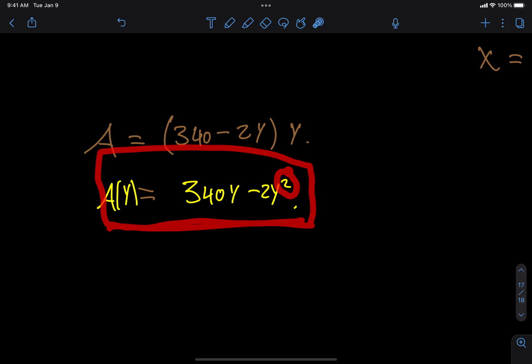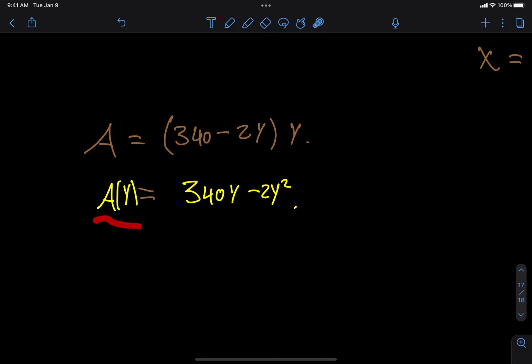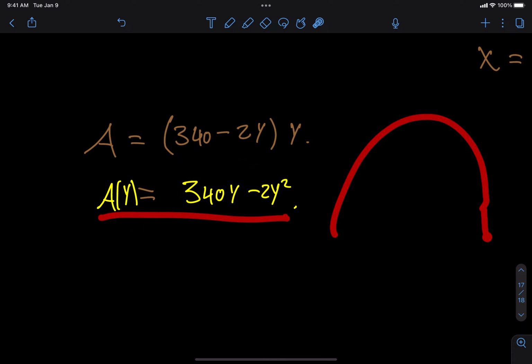What kind of word does that remind us of? Starts with a Q. Quadratic. Okay, but why is that interesting? Because I'm supposed to find the maximum value of this. This is a quadratic, which the graph of a quadratic is a parabola. Which direction does this parabola open? Down. Which means this function looks like this.